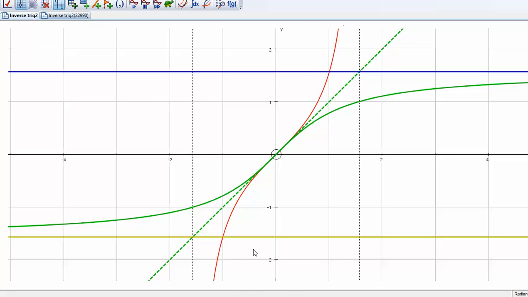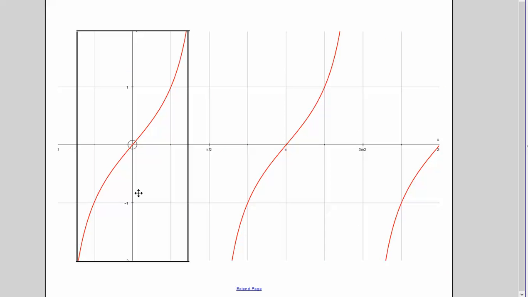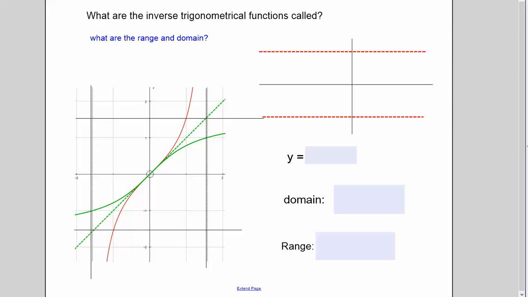Now if we go back and have another look at that, we've got the original tan, which is in red, and the inverse, which is in green. So let's draw that on this axis here just to make it a bit clearer.